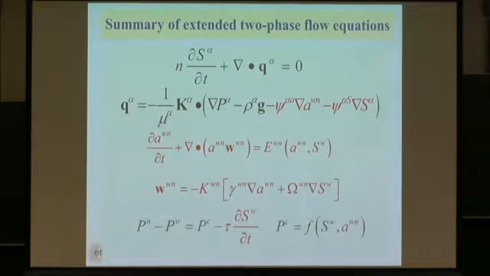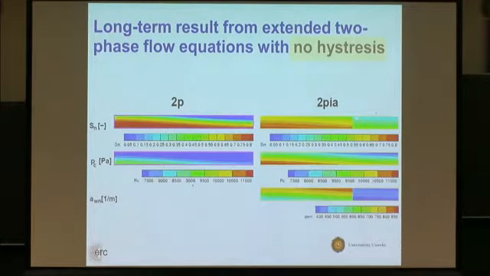But now we put a single surface for every part of the domain, and we still get that the jump in saturation survives. You get that the saturation in this part, the dry part, is lower than the wet part. So we can model hysteresis by putting in interfacial area as an additional state variable.